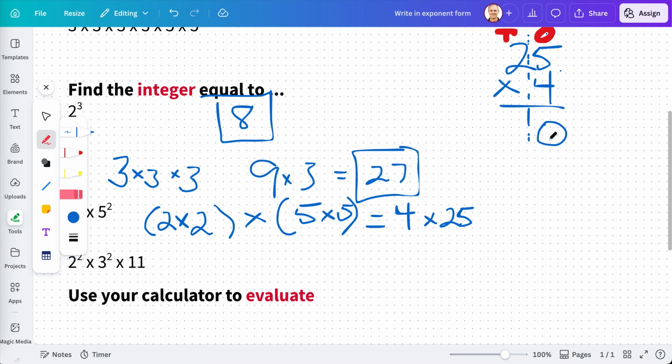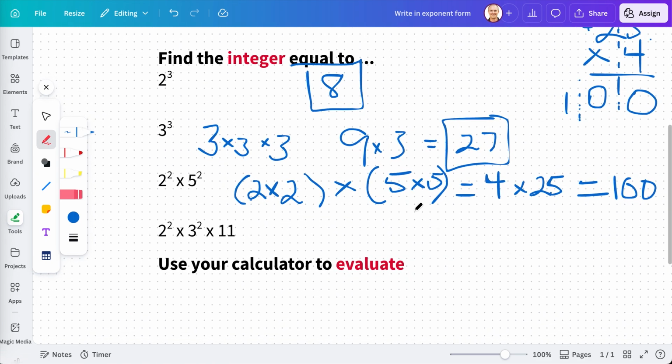Okay, so in the ones column, leave the ones, which is a 0. And we're going to bring the 2 up here. So now 4 times 2 is 8. And then we're going to add that. So 8 plus 2 is 10, giving 100. Okay, next one. Oh, box my answer.